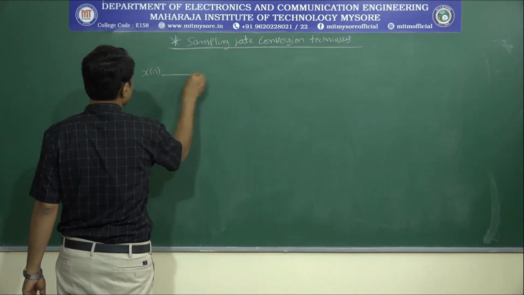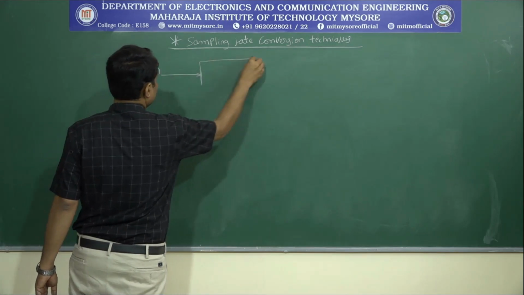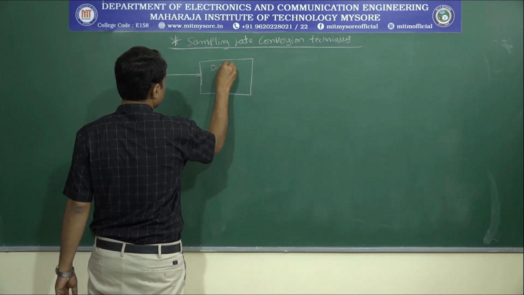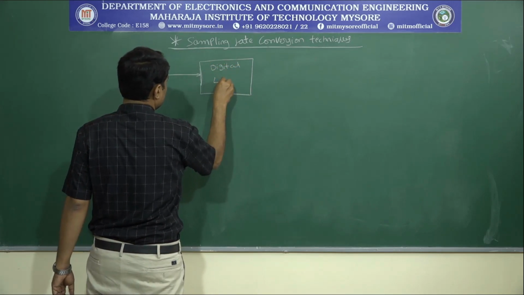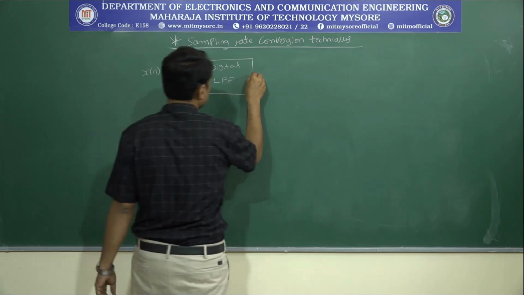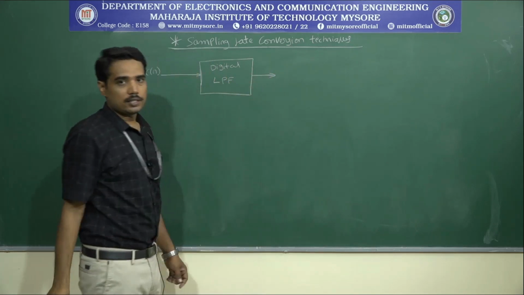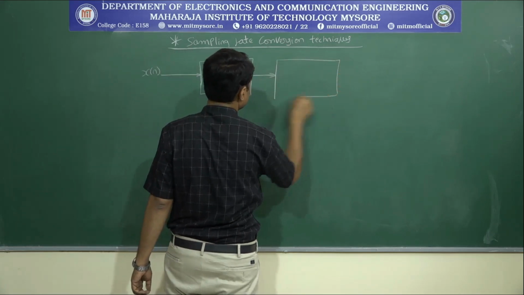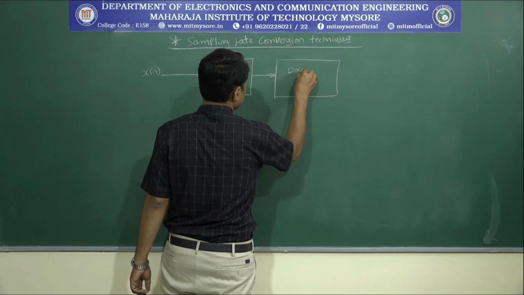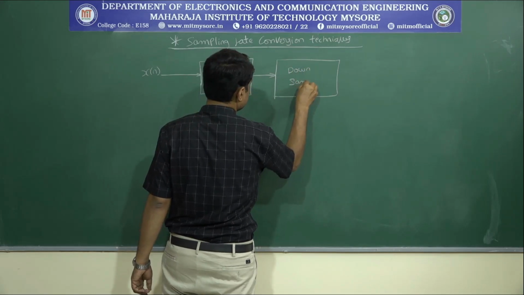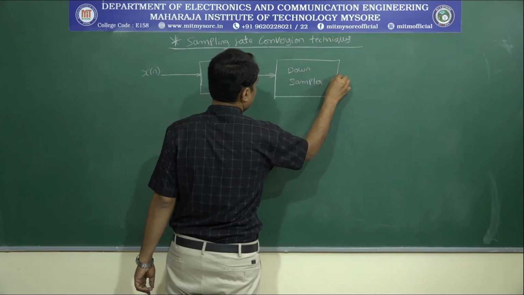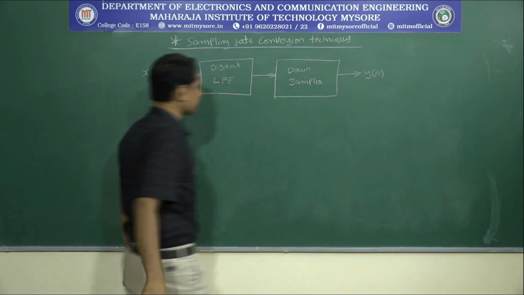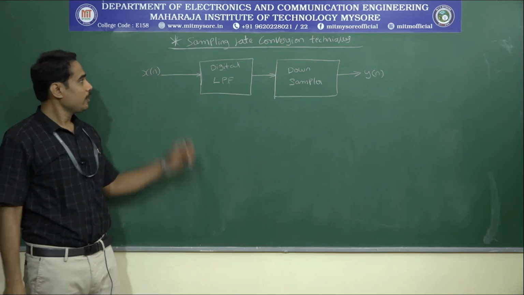x of n is first passed through a digital low pass filter, then it is passed through a downsampler. Then we get the output y of n.